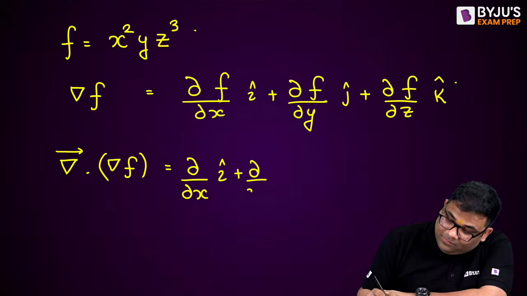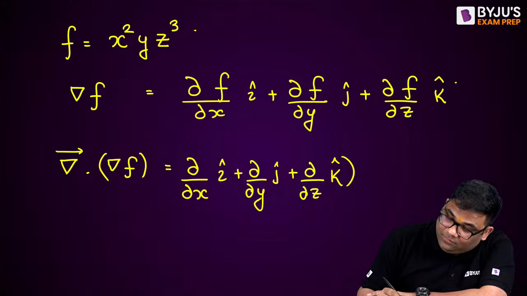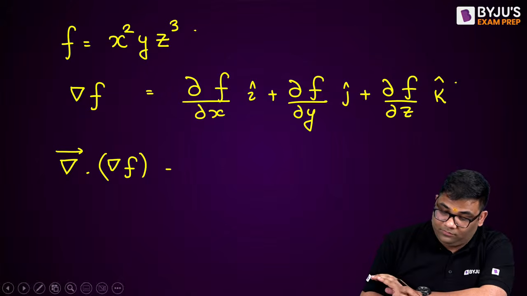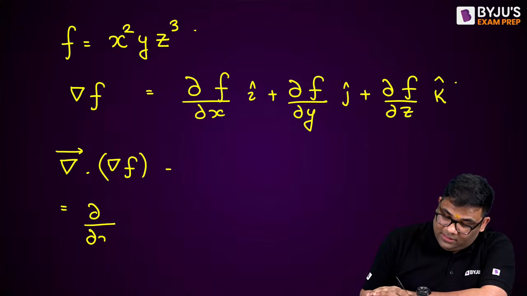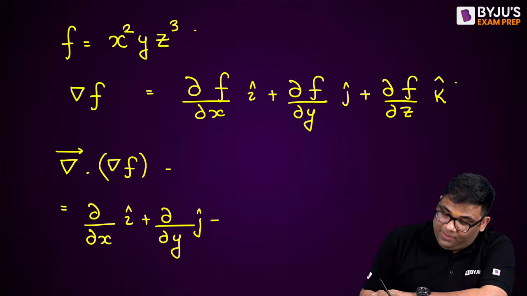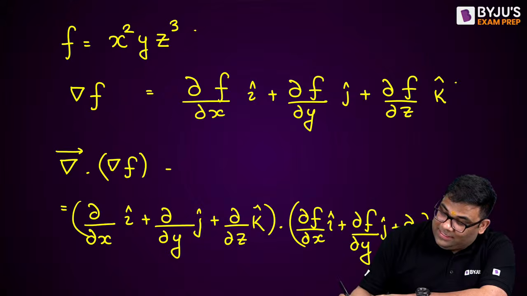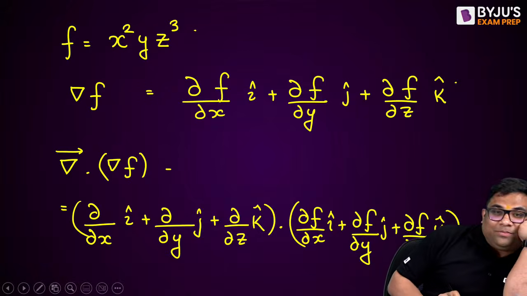The del operator is del of del x i cap plus del of del y j cap plus del of del z k cap, taking the dot product with del f by del x i cap plus del f by del y j cap plus del f by del z k cap. Understood?